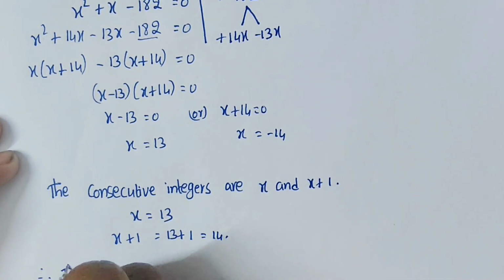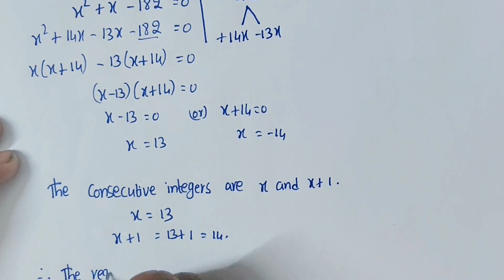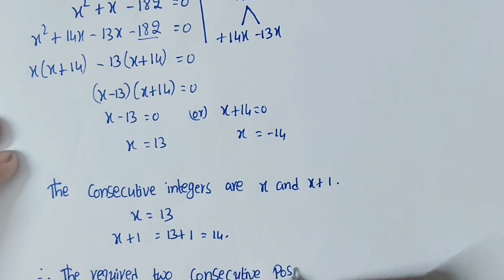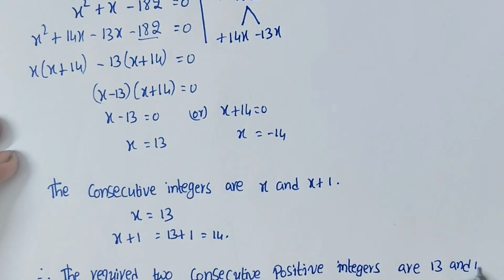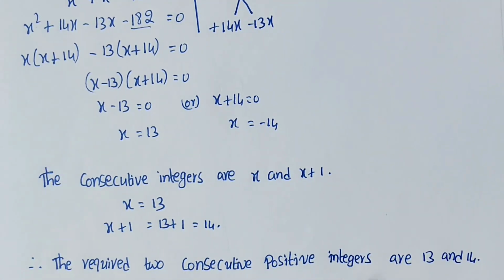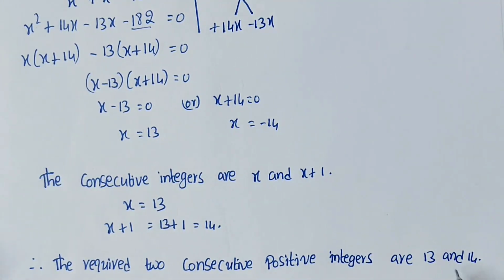Therefore, the required two consecutive positive integers are 13 and 14.